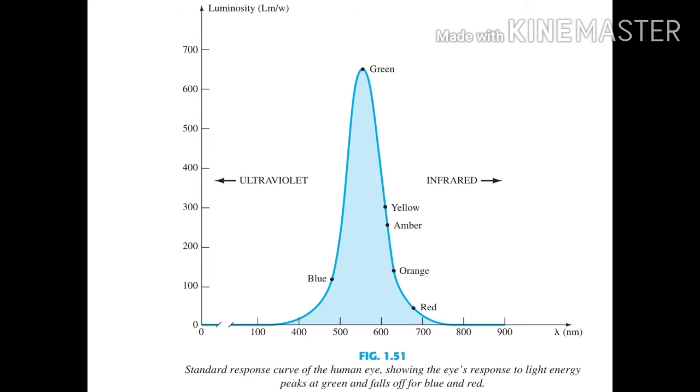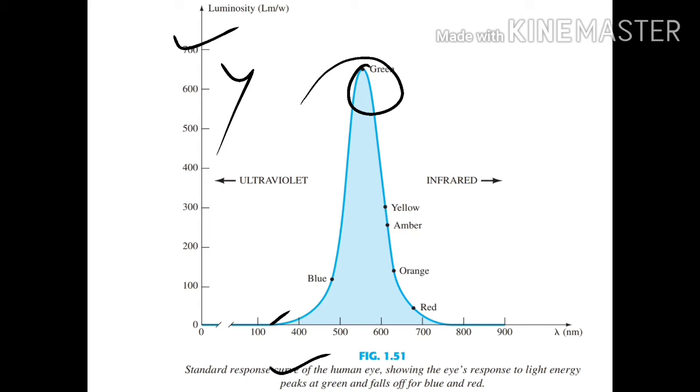You can see this is the bell structure. This is one of the curves showing the standard response of the human eye. That means it shows how our human eye responds to the colors. The y axis represents the luminous intensity. From this figure you can see the green color is at the top.